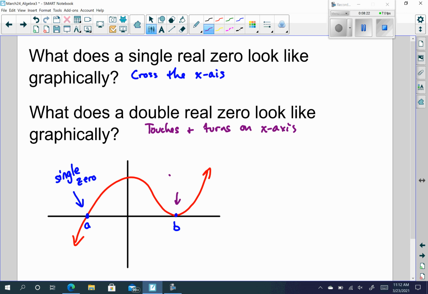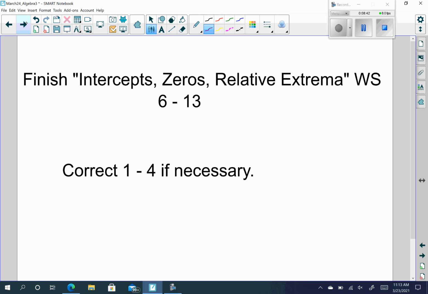So this would be a double 0. Now imagine if this were any lower, it would go through the x-axis twice. That's why we call it a double. But this is what we're going to look at tomorrow, what it means to see the equation factored.